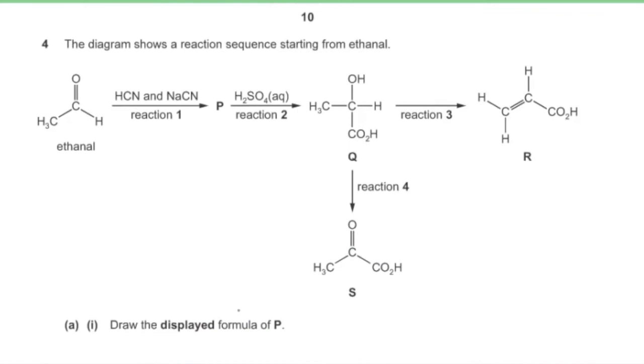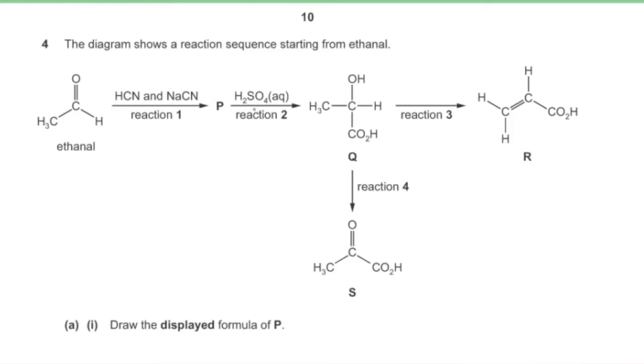Question number 4, the diagram shows a reaction sequence starting from ethanol. Now reaction 1 over here is aldehyde being added to HCN and NaCN, which is acting as a catalyst. This means a nucleophilic addition reaction takes place, and P has both a hydroxyl group and a nitrile group. P is then added to dilute H2SO4.